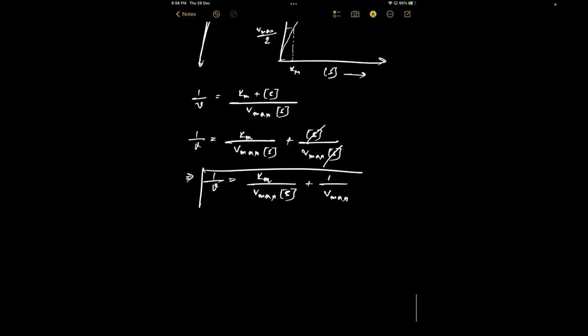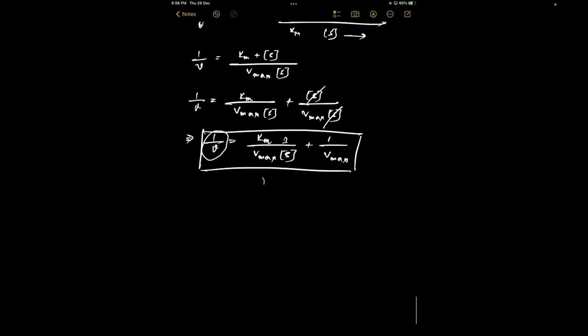Why double reciprocal? Because it is the reciprocal of V, 1 upon V, and the reciprocal of S, 1 upon S. So that's why it is a double reciprocal plot.